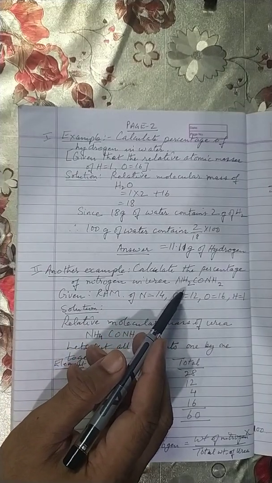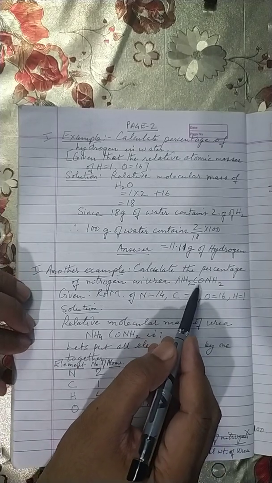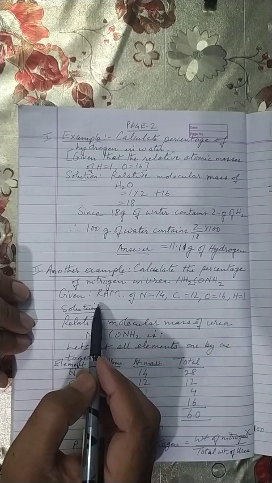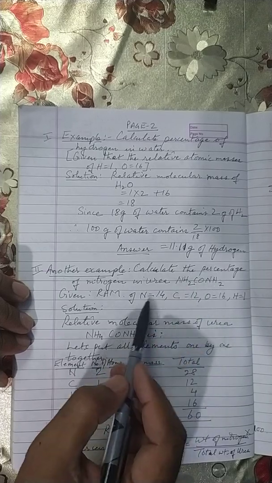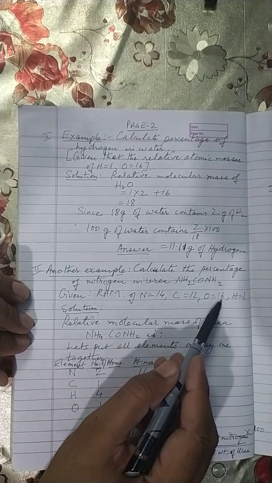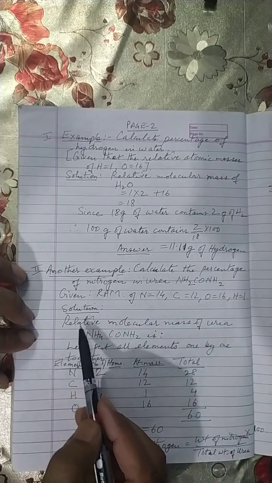And the chemical formula of urea is NH2CONH2. Now we see that the relative atomic masses of each of these elements is given here. Nitrogen is 14, carbon 12, oxygen 16, hydrogen 1. Now let us calculate in the solution.